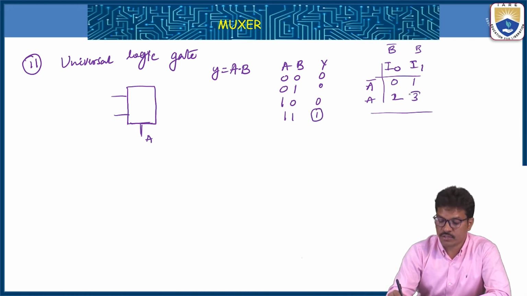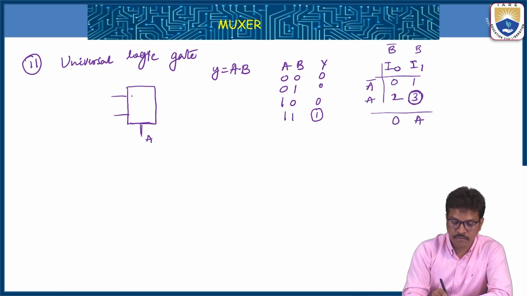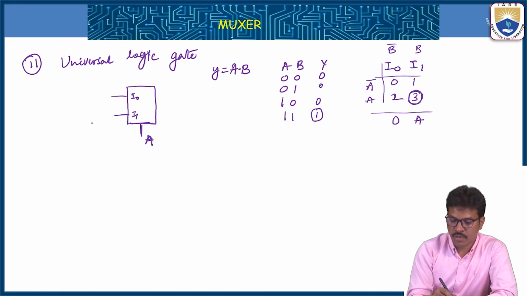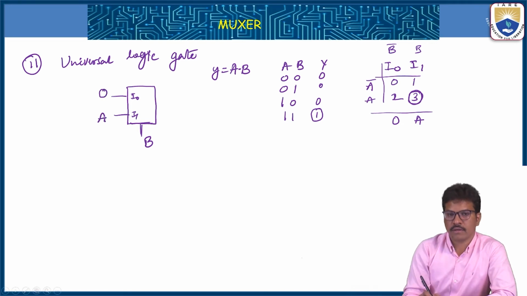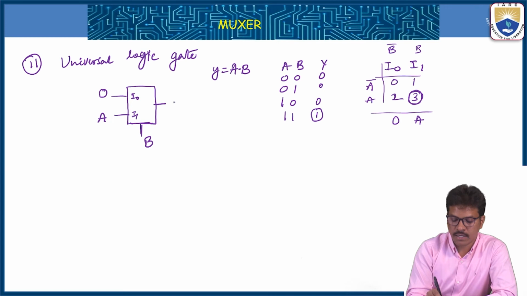It is nothing but 3. So you can circle that one. Then the uncircled ones will get 0, and then A. So I0, I1 we can take as the inputs. Take A as the select line. A bar is connected to 0, and the other input is connected to A. So this way you will get an AND gate output.